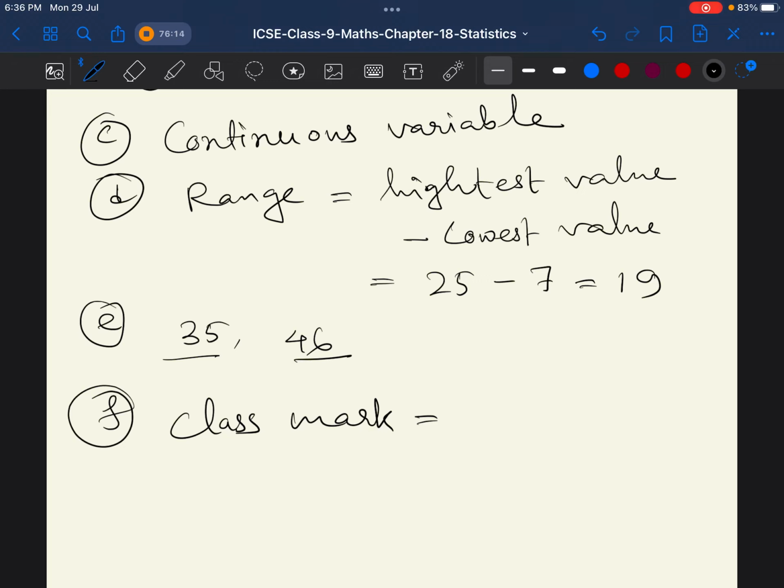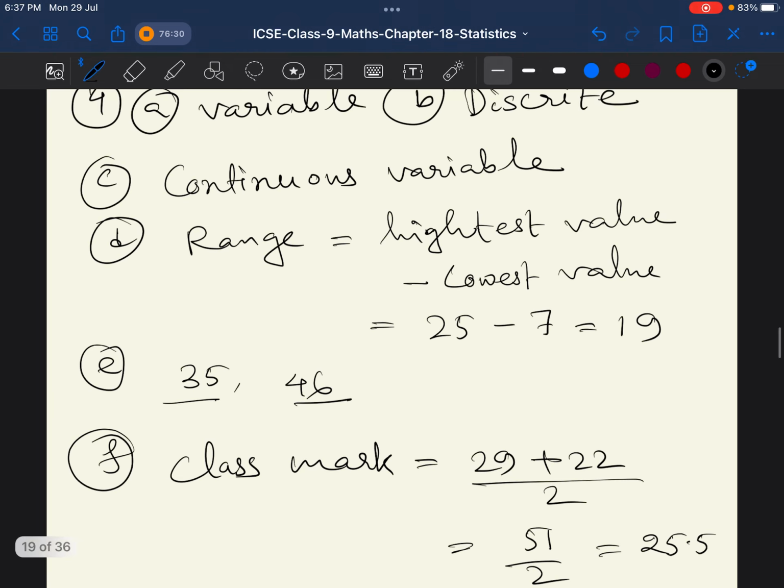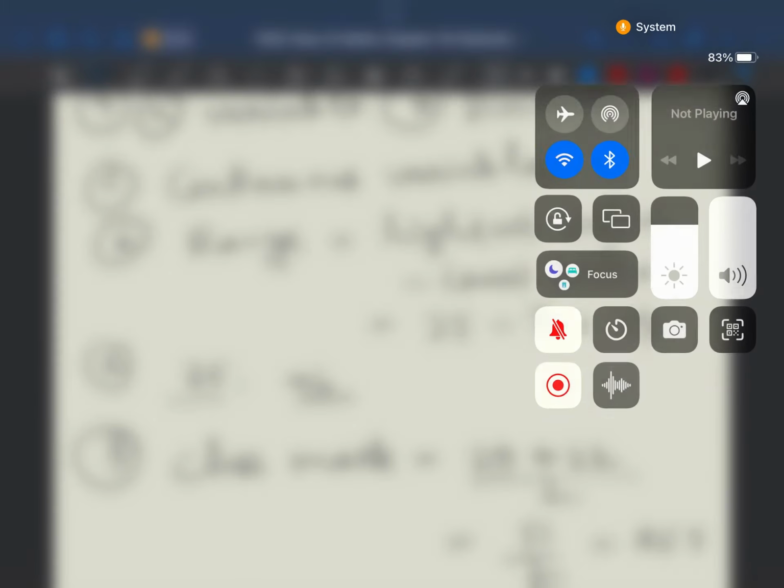So here upper limit is 29 plus 22 by 2, 51 by 2. This will be 25.5. Okay, the next question we will solve in part 2.